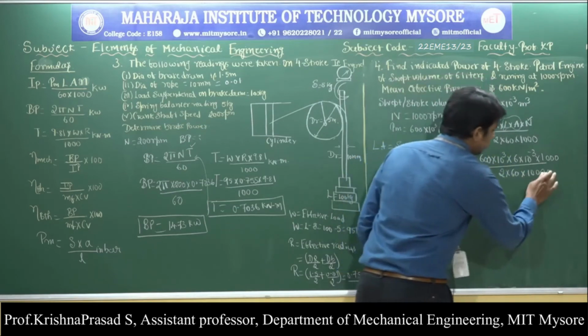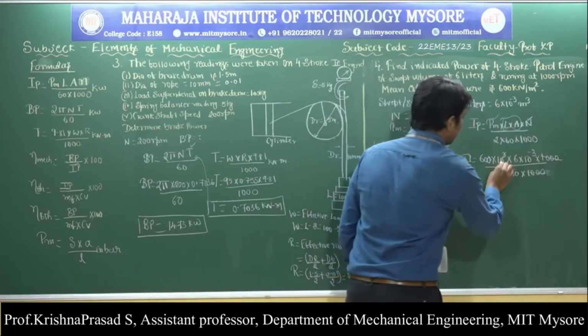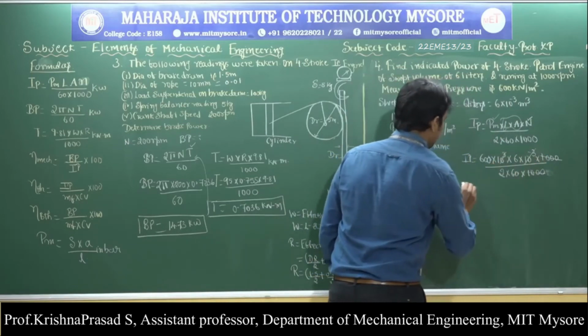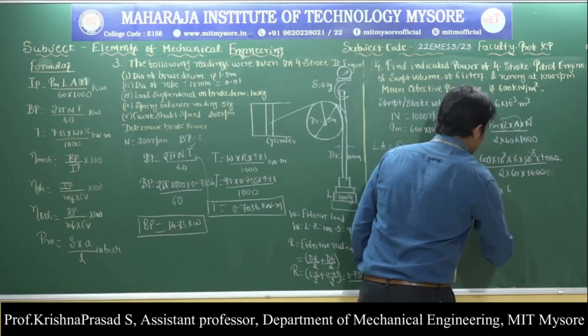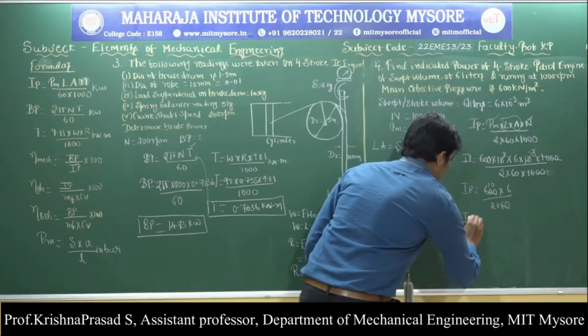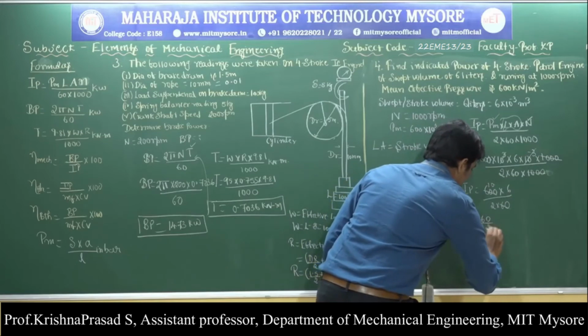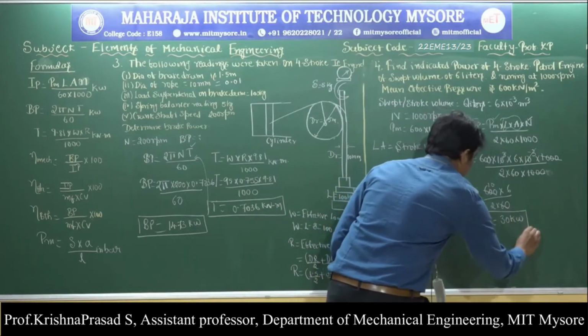So directly 1000 and 1000 get cancelled, and 10 to the power of 3 and 10 to the power of minus 3 also get cancelled. Then IP is equal to 600 into 6 divided by 2 into 60. Here 60 ones are 60, so IP is equal to 30 kilowatt.